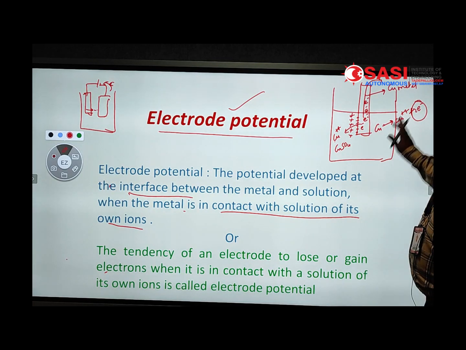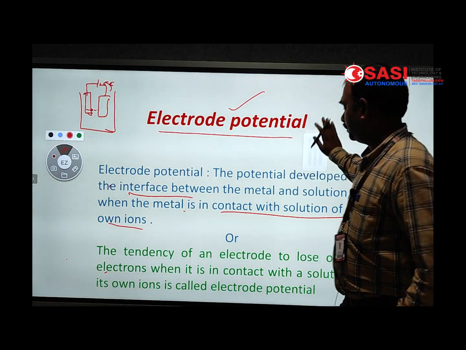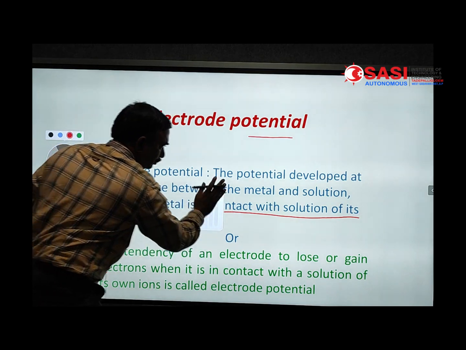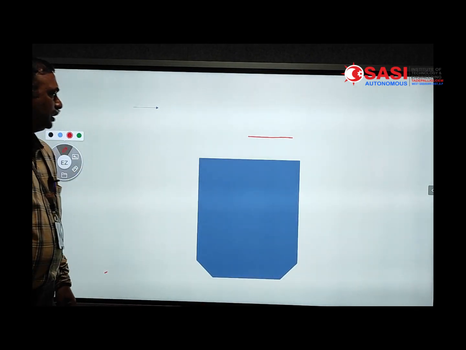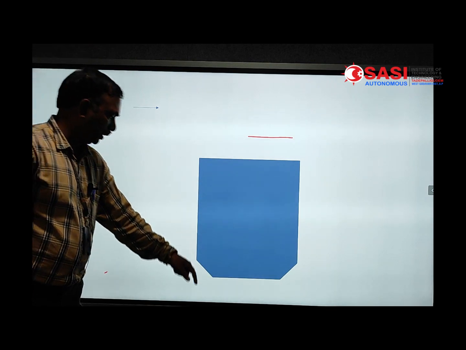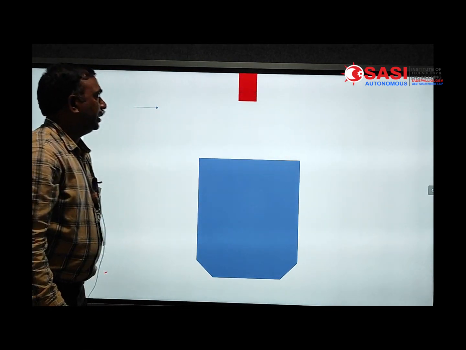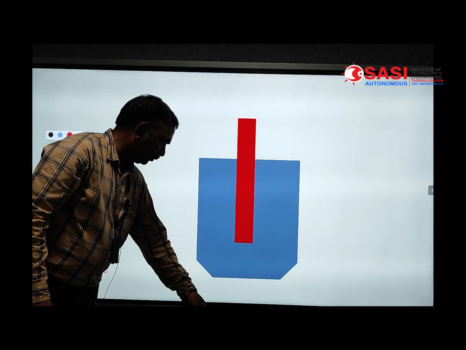So let us see how this happens with the help of a small program. You see that this is a solution. Into this solution we are going to immerse a metal rod. It may be copper, zinc or magnesium.